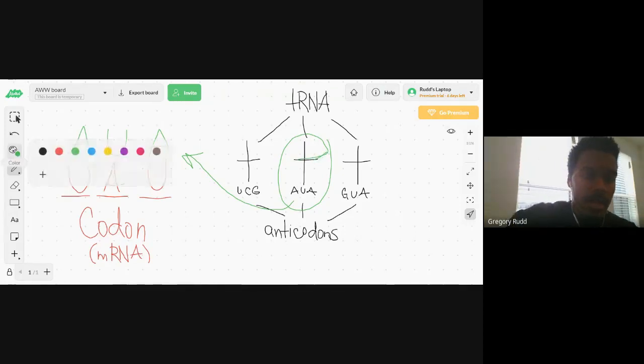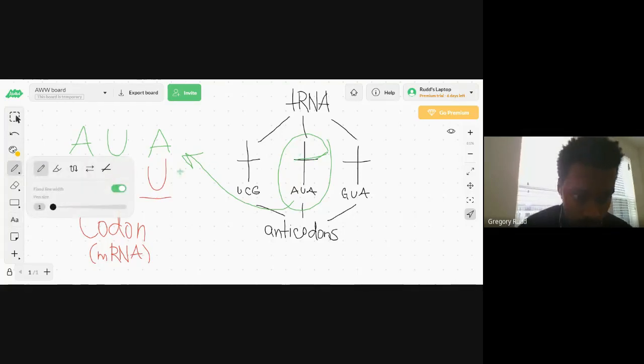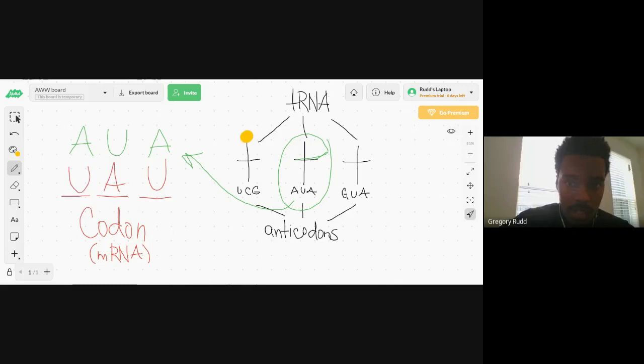Each of these codons has a slightly different amino acid. So when this tRNA is chosen, when it knows that, okay, my anticodon matches with this codon, it's going to bring with it this green amino acid here.